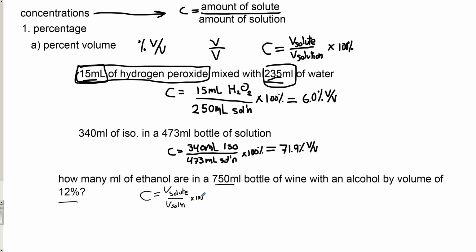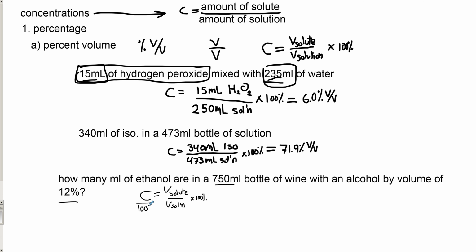So in order to isolate V solute, we have to do a couple things mathematically. First thing we need to do, and since you guys as a class are relatively strong in the math, I'm going to go over this step by step the first time, and then after that, not.